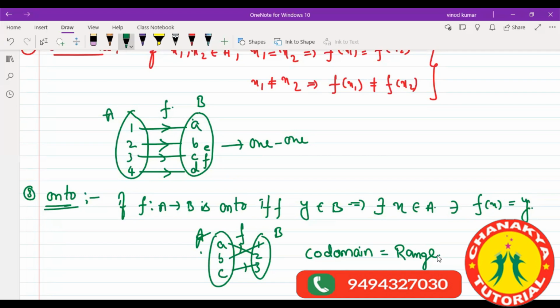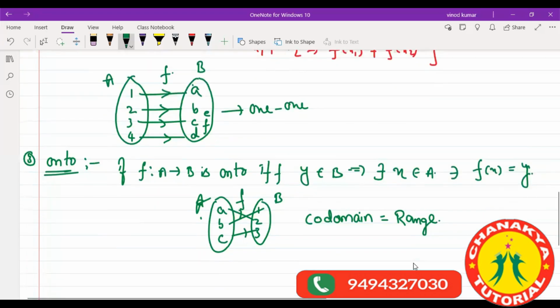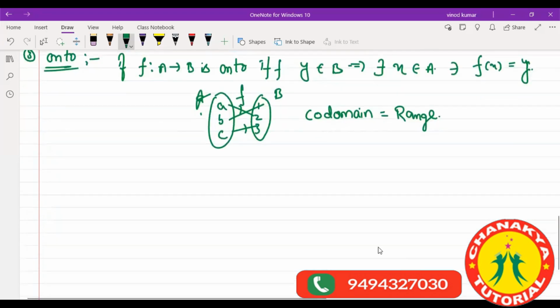Here the codomain and range are the same, so that is an onto function. Do you understand? Yes, sir.